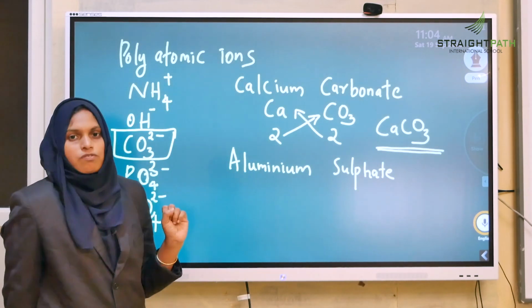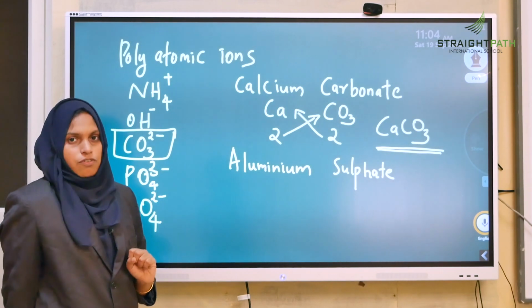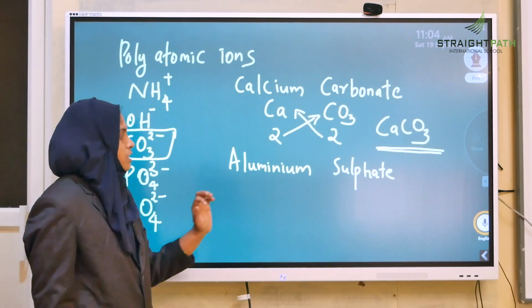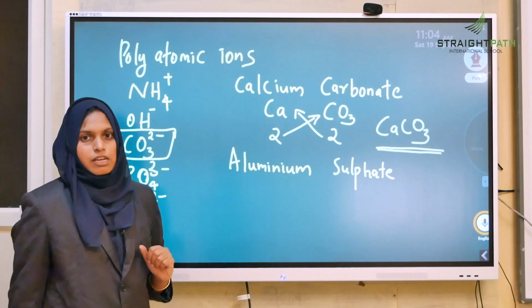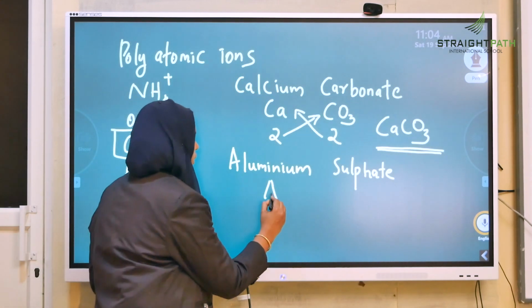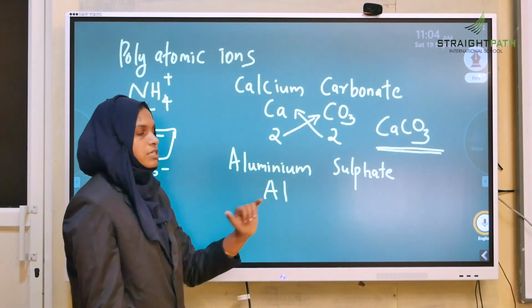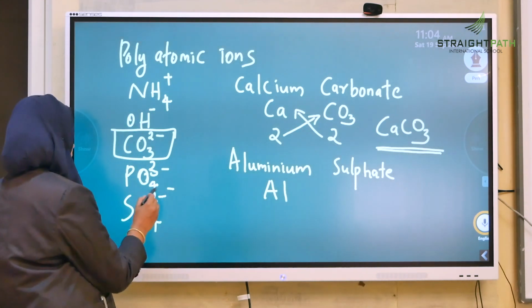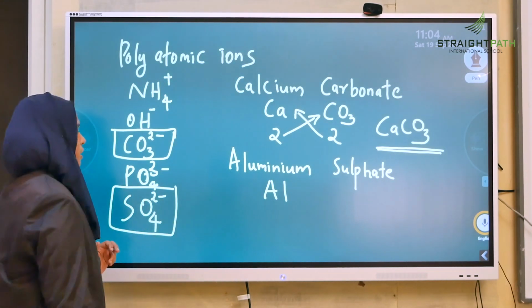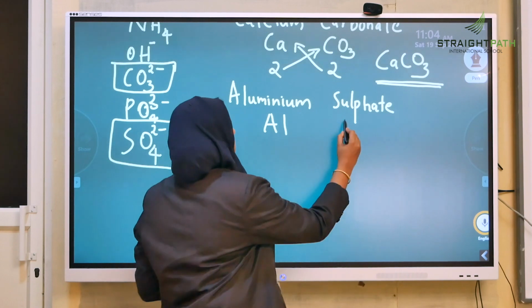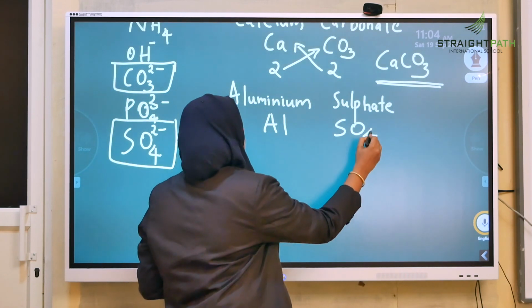Next, I am doing one more example, aluminum sulfate. The symbol for aluminum that we already learned is Al. Then sulfate, look, sulfate. The symbol is SO4.